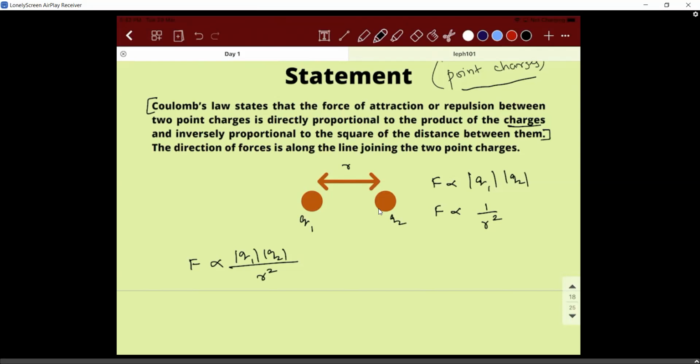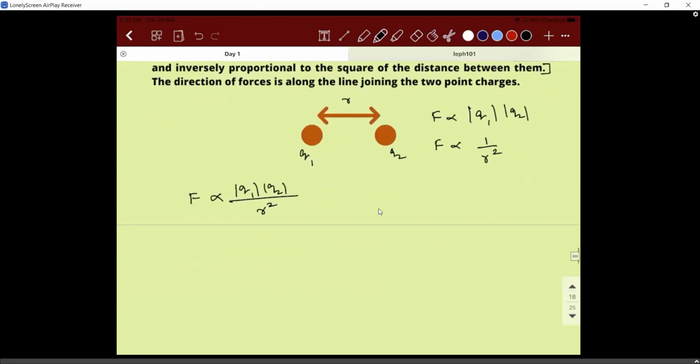Right, a simple thing. Now, whenever you are going to remove the proportionality symbol, what are we supposed to do? You need to add a constant. Here, the constant that we are going to add is a small k, into Q1 into Q2, the whole divided by R square, where this k is written as 1 divided by 4 pi epsilon naught.